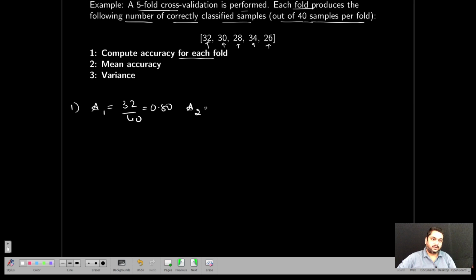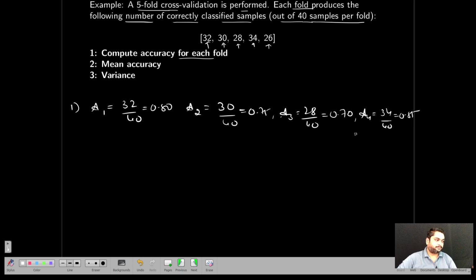So this comes out to be 0.80. Second, A2 is equal to 30 divided by 40, 3 by 4. This is 0.75. A3 is equal to 28 by 40. This will come out to be 0.7. A4 is equal to 34 by 40. This is 0.85. Then A5 is equal to 26 by 40.